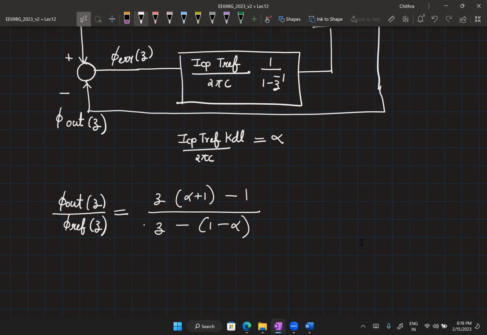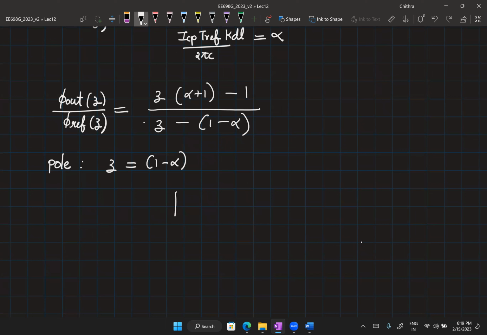Okay, so now that you have an expression like this, this is a closed loop system's expression. We have a pole in the system, and this is at Z equal to 1 minus alpha. What is the stability condition? This has to be inside a unit circle. So that means the magnitude of 1 minus alpha has to be less than 1.